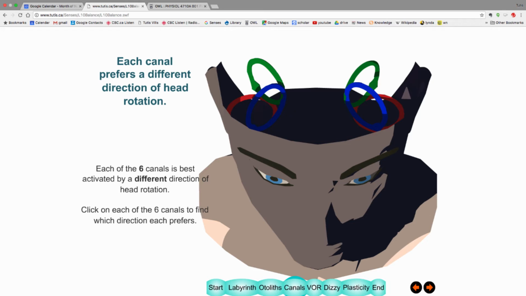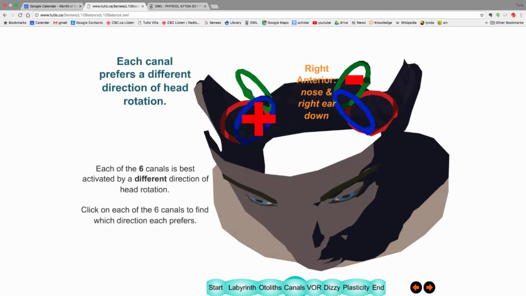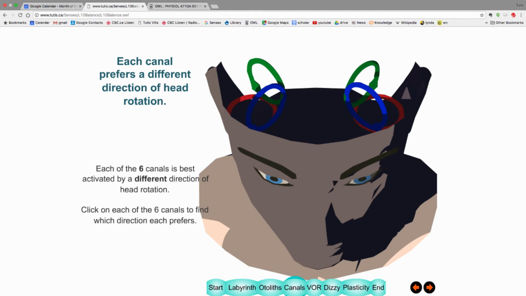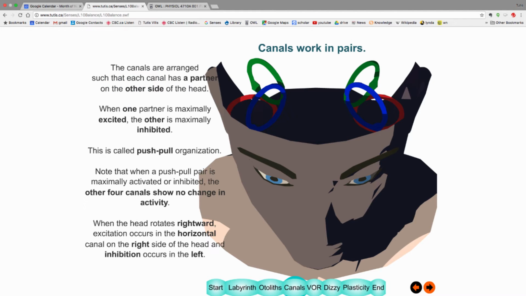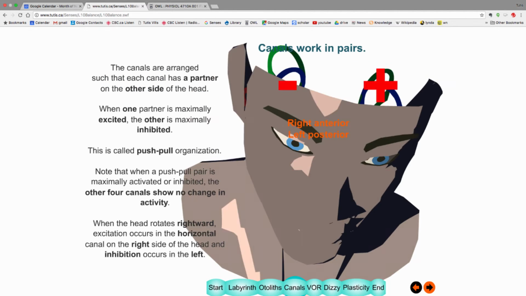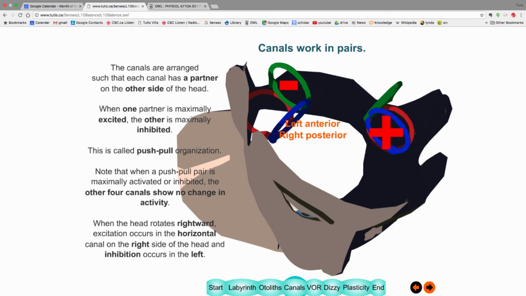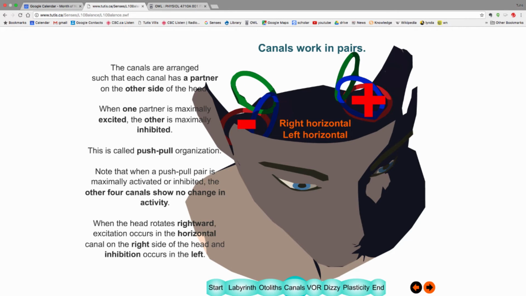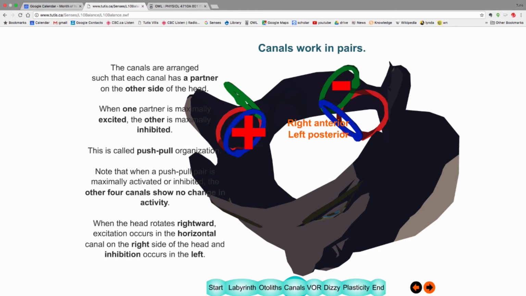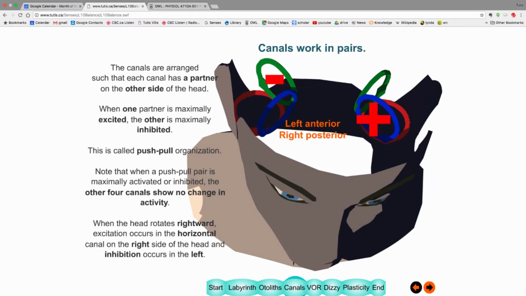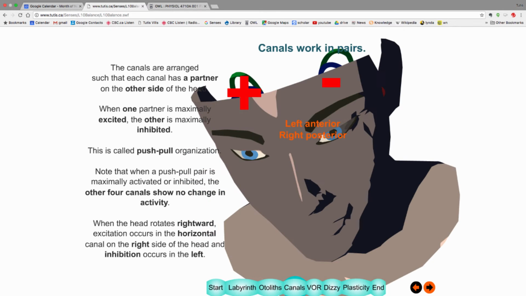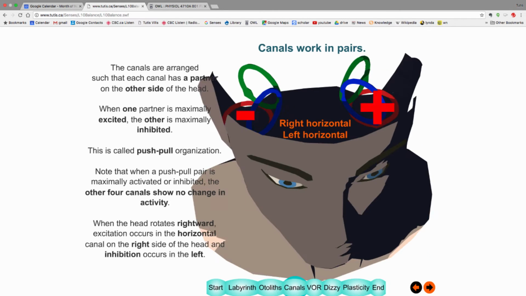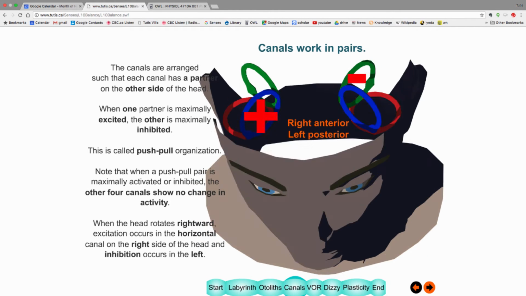Similarly, the posterior canal here is acting as a pair to this anterior canal here on this side. So you can see here that we've got sort of three canal pairs, the horizontal and two of the anterior-posterior canals being paired together. And when one increases its firing rate, the opposite in the pair decreases its firing rate.